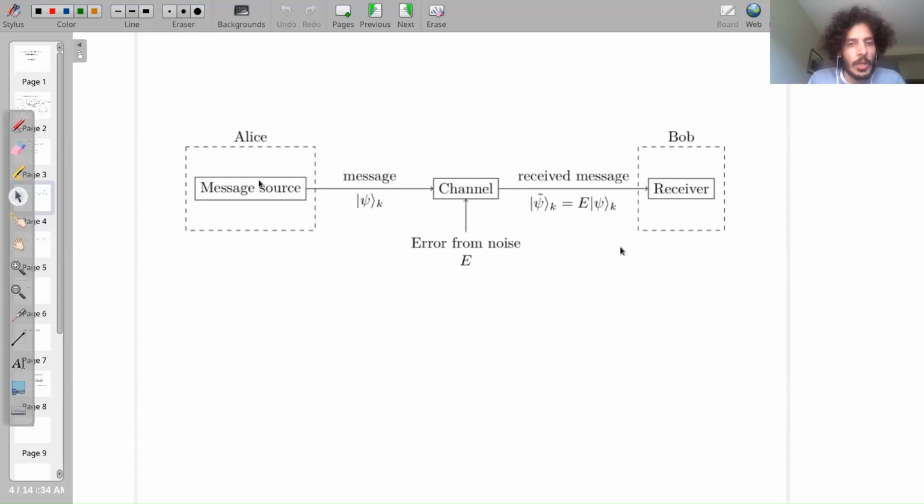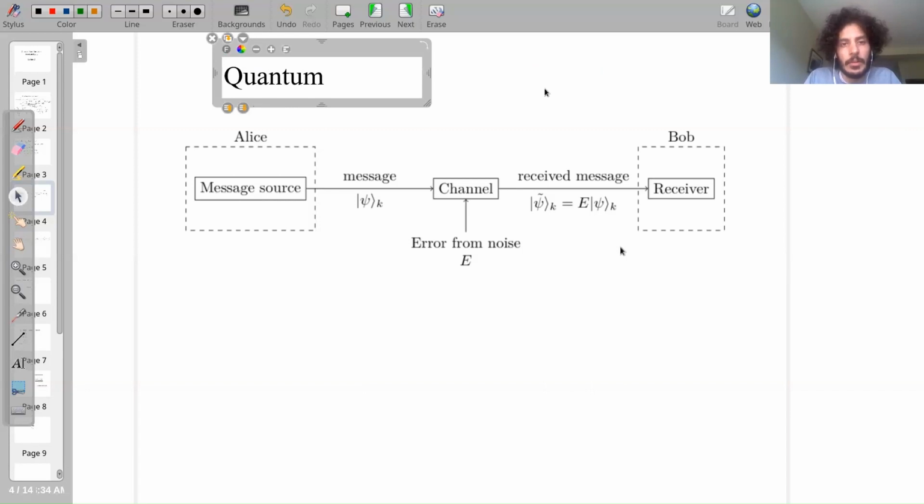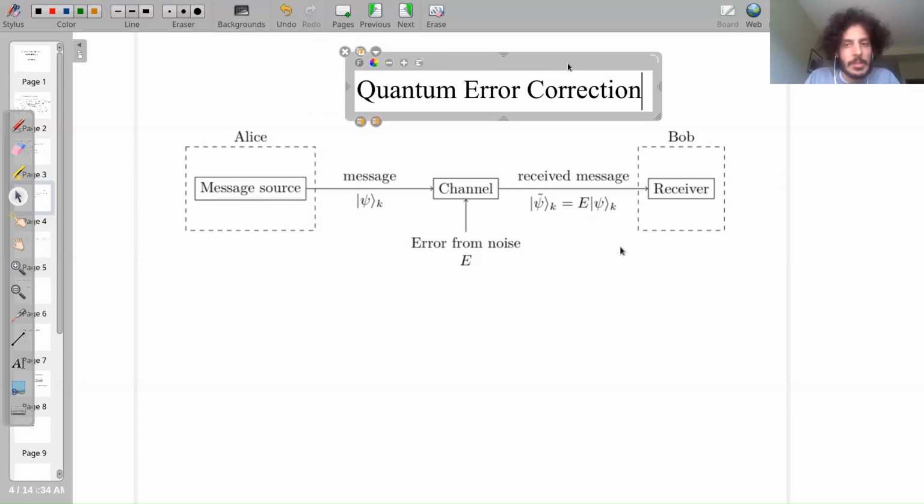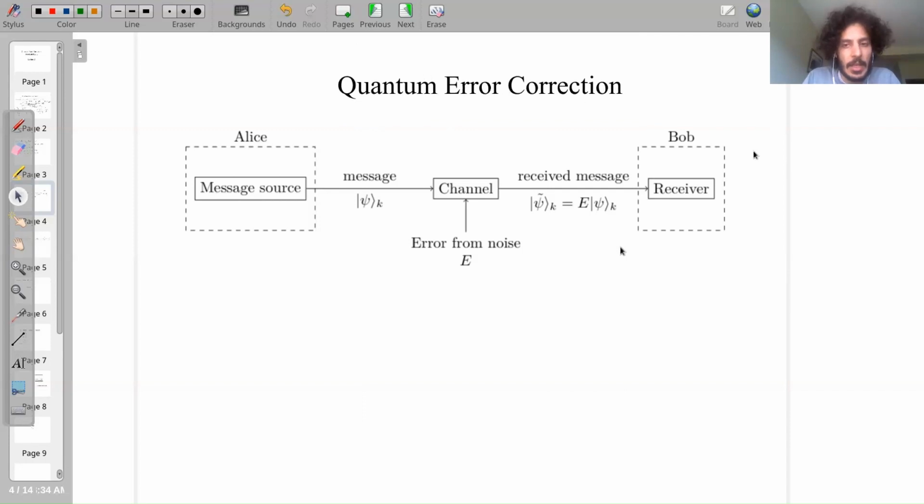Let's move on to the quantum error correction case. Okay, so the scenario under which Alice and Bob communicate is much the same as in the classical case, except now, instead of sending bit strings as messages, what Alice wants to send is some sort of a quantum state, psi k.